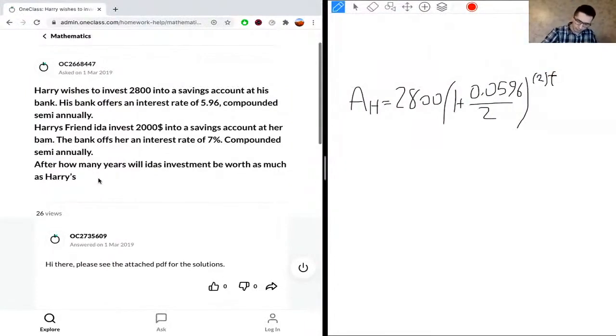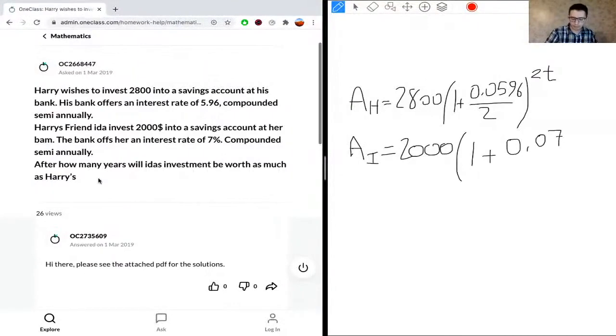And then for Ida, we have AI equals 2,000 times (1 plus 7%, which is represented by 0.07, divided by 2) to the power of N, which is also 2 for both, times T.